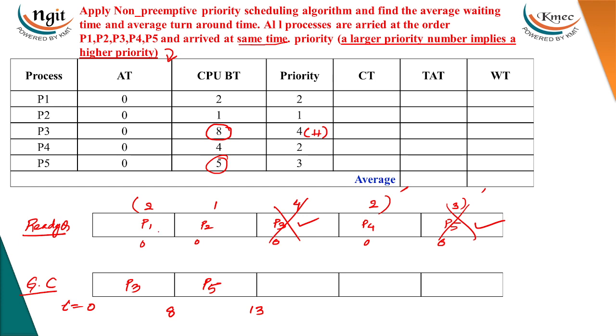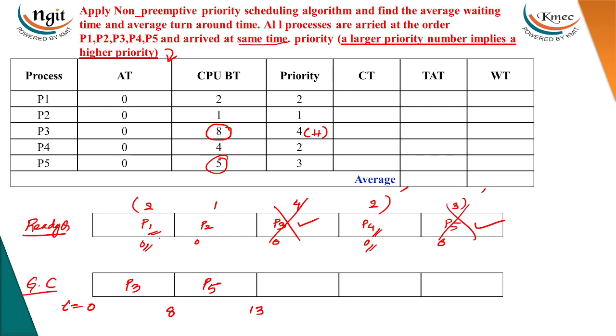Out of these three, P1 and P4 both have priority 2. If both have the same priority, we need to take the minimum arrival time. But the arrival times are also the same.